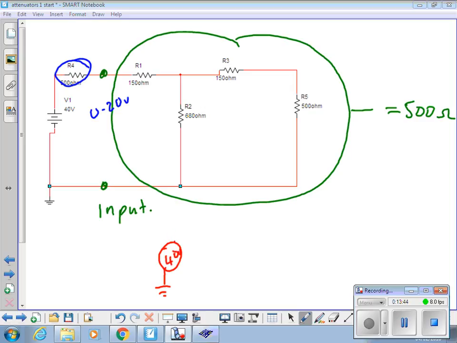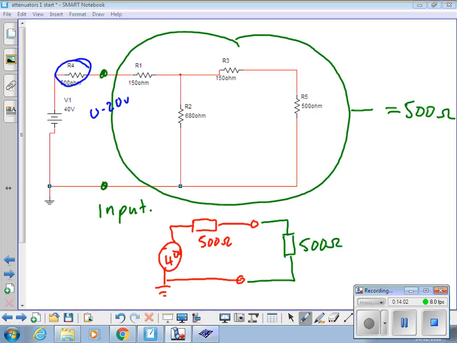40 volts, 500 ohms. There's our source. All of that together measures 500 ohms. Now remember I said when you measure the input terminals, Lewis, with that disconnected, that's got to be what it measures with the load connected.